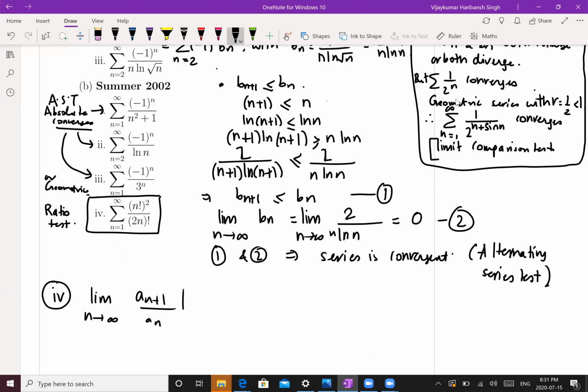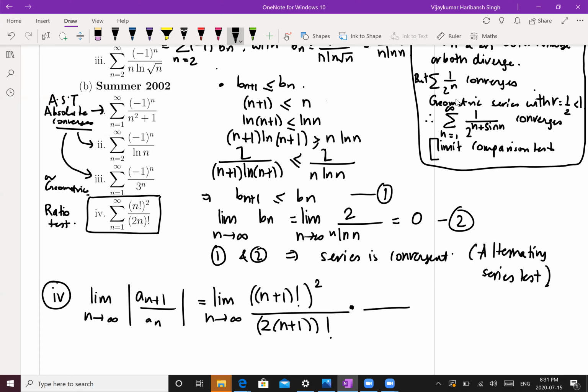This is going to be limit as n goes to infinity ((n plus 1) factorial) squared times (2n plus 2)! over, multiplying by the reciprocal, (2n)! divided by (n factorial) squared.